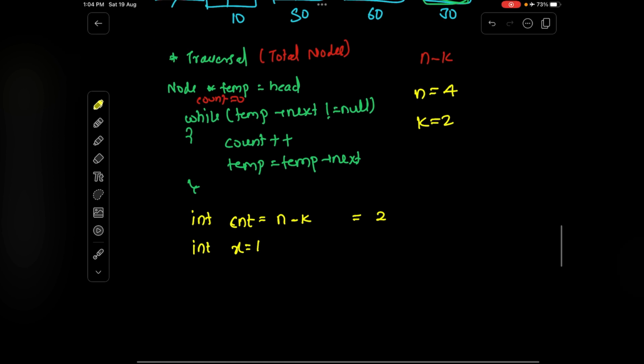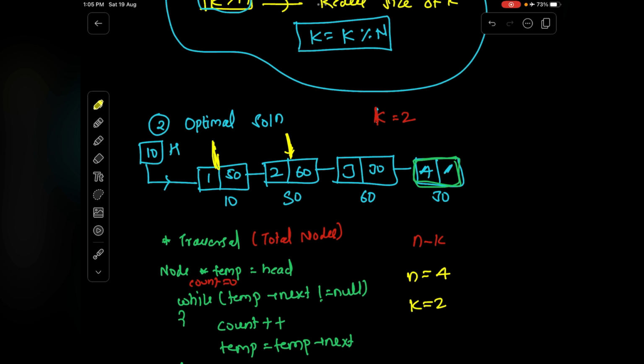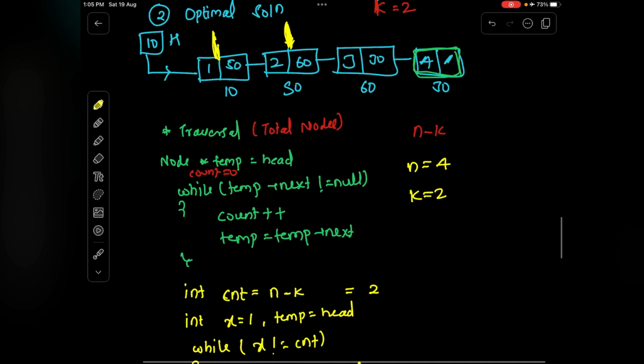So what I will do is, while my x is not equal to cnt, keep going, that is temp equals temp of next, and at the same time I'm increasing the value of x as well. Now the point is, where is my temp pointing? As usual, temp will be pointing at head. So can I say over here temp equals head? Yes, which means from this position I am moving till this position. So what will happen? Let's check.